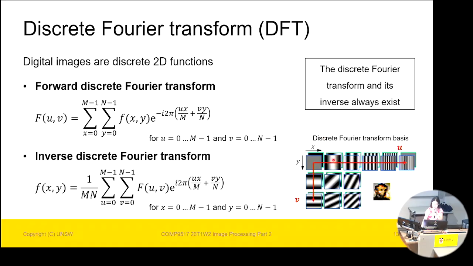And this one is where you shift x by 1. So u is 1, v is still 0. That means we want to analyze the frequency in the image across this direction. This image is essentially trying to represent a single sine wave.